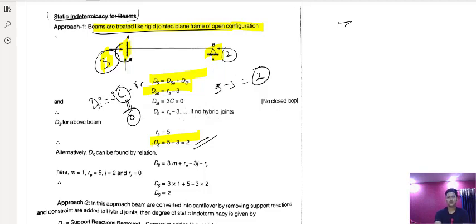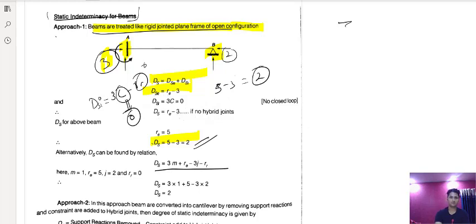There is no closed loop, and the RR value is also 0 as there is no hinge. So the value of DSI becomes 0. So the total value of DS depends only on the external static indeterminacy. So the value of DS is 2. Alternatively, you can also calculate the value of DS by the direct formula, that is 3m plus RE minus 3j minus RR.